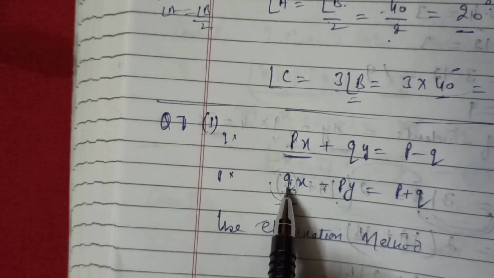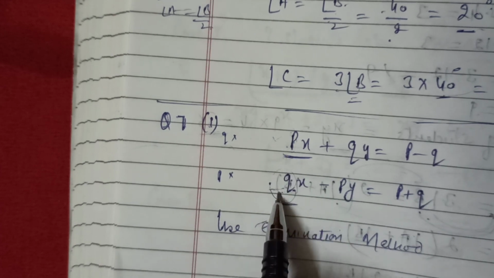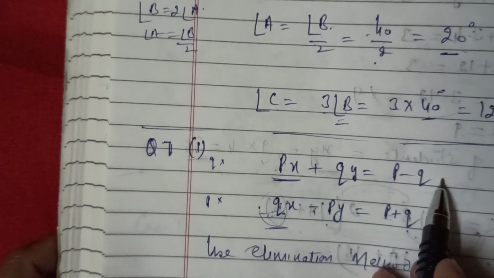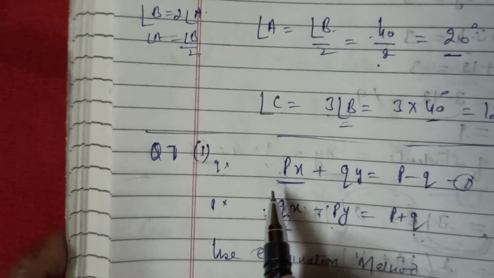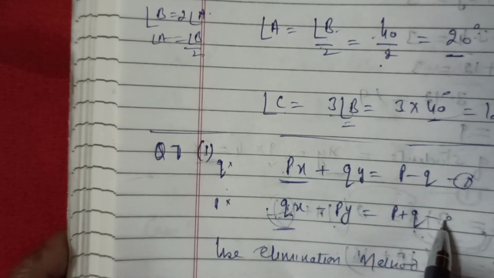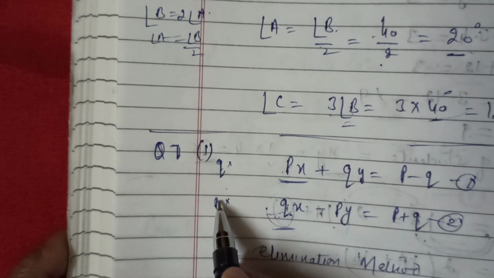If you multiply by p, it becomes pq. qp, pq, same thing, right? So we will multiply this equation by q and this equation by p.